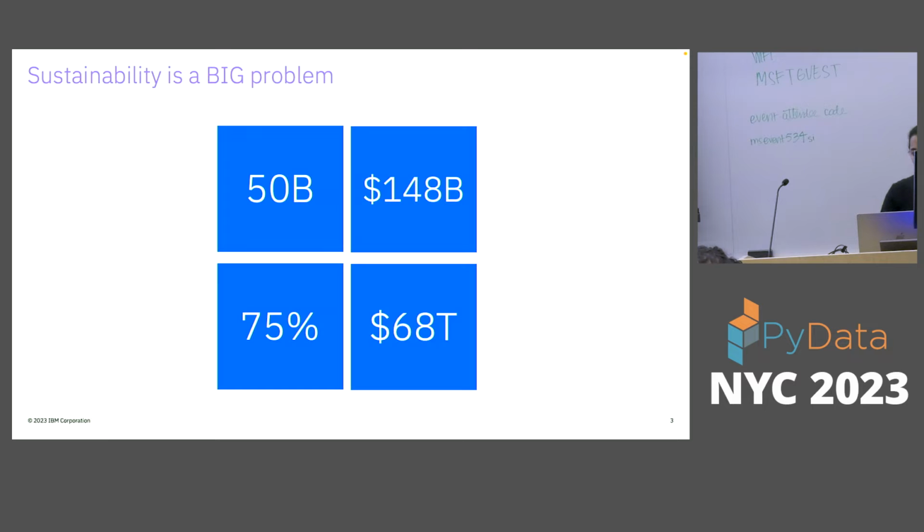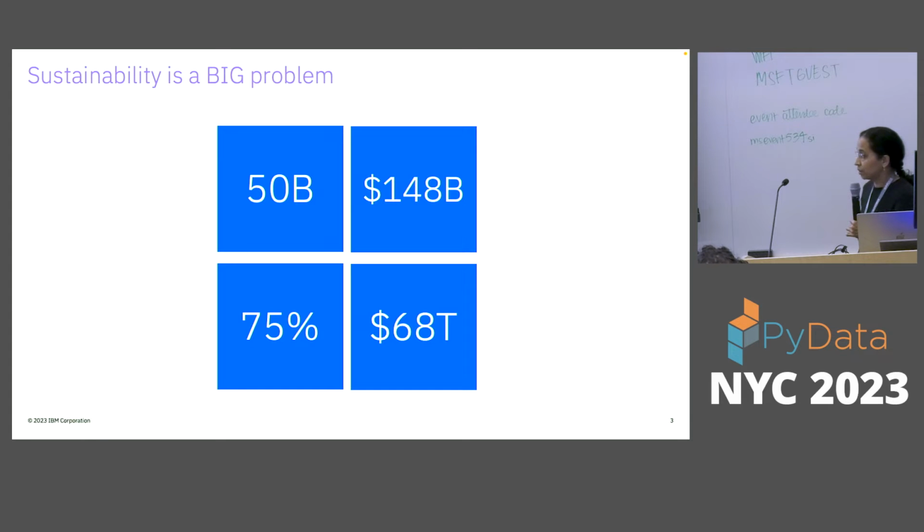Okay. So some numbers here. 50 billion is the number of tons of carbon dioxide released per year into the atmosphere.